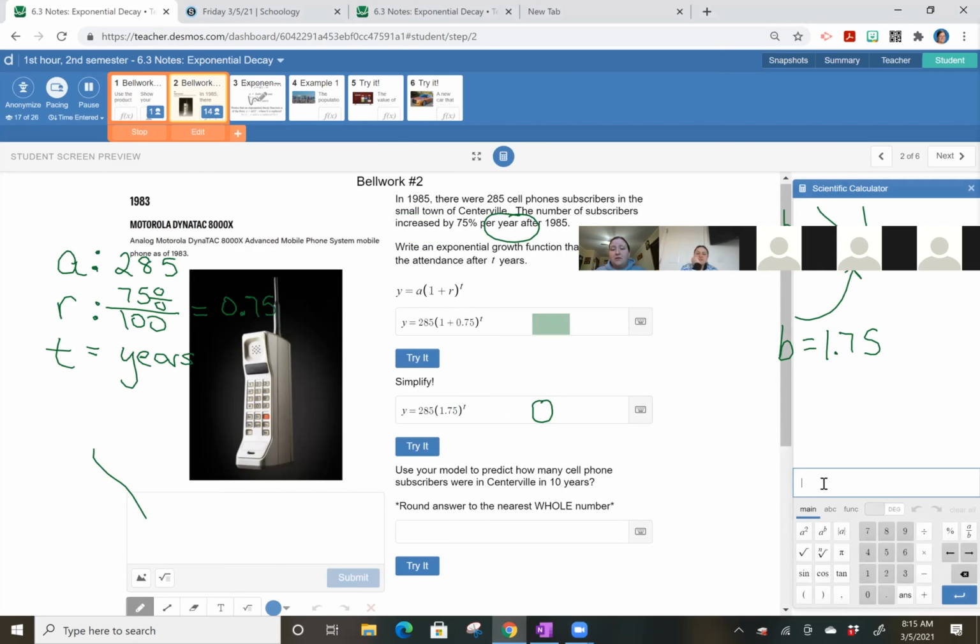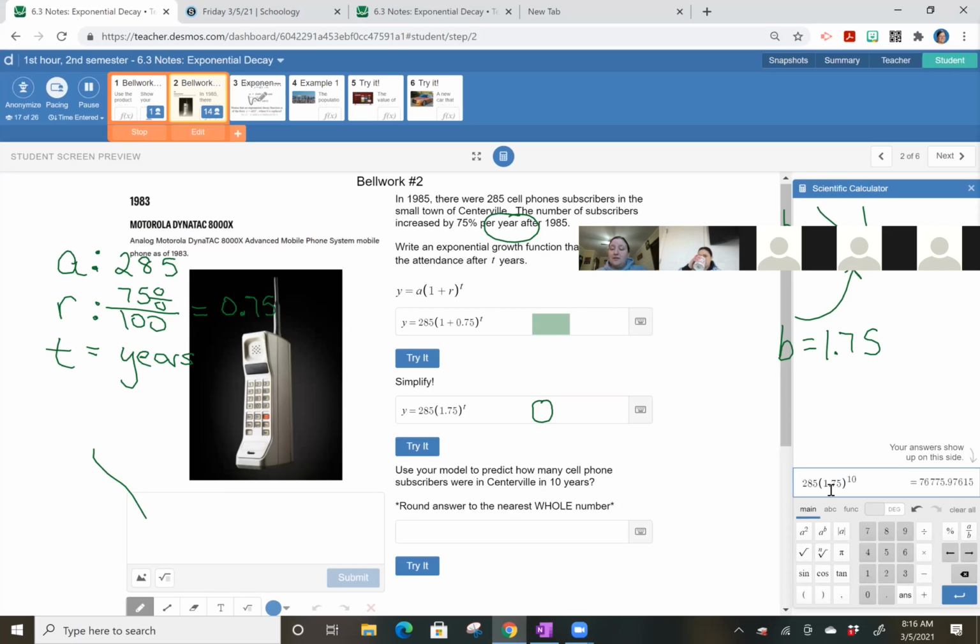And then get your trusty calculator out. 285 parentheses 1.75. And what's going to go in my t value? How many years do we care about? 10. Yeah, it says use your model to predict how many cell phone subscribers were in Centerville in 10 years.